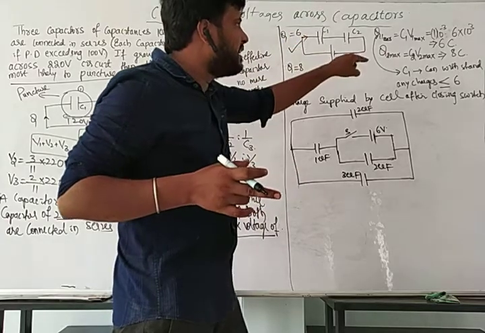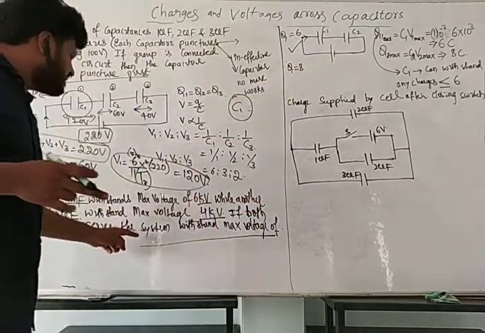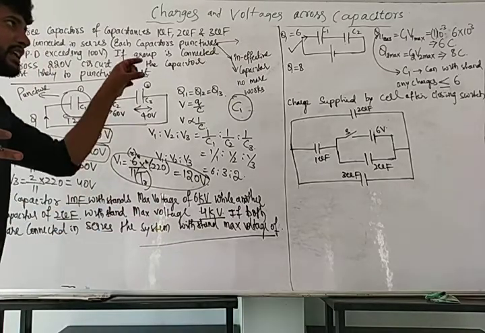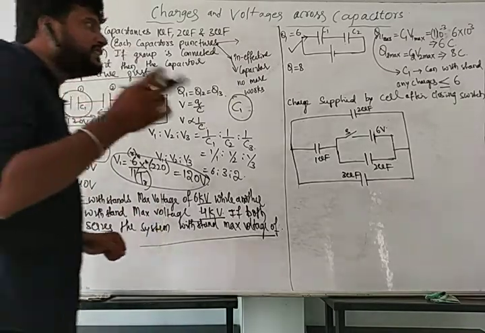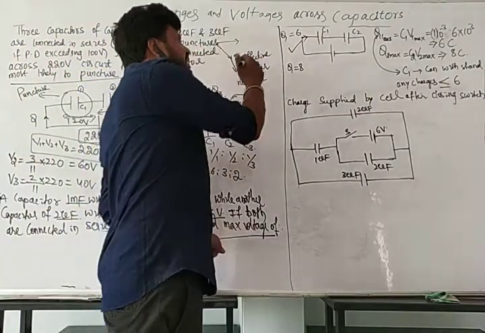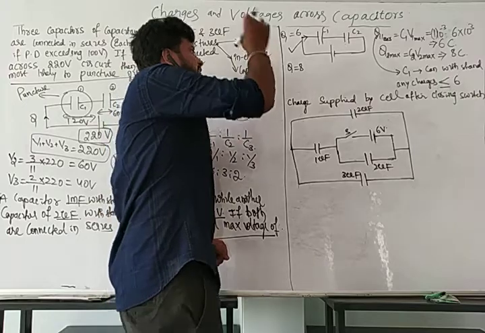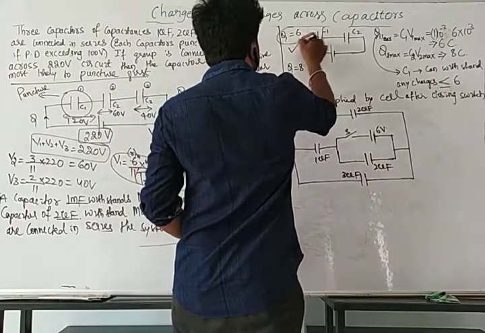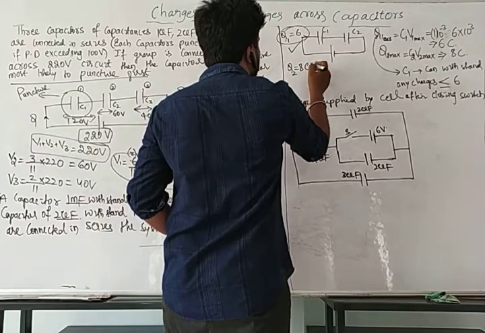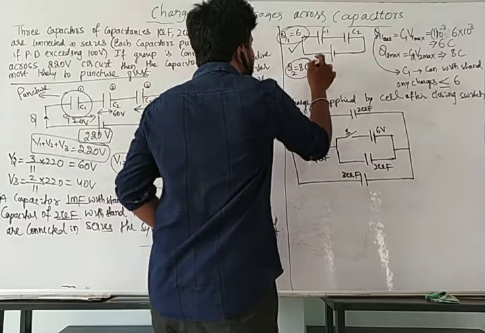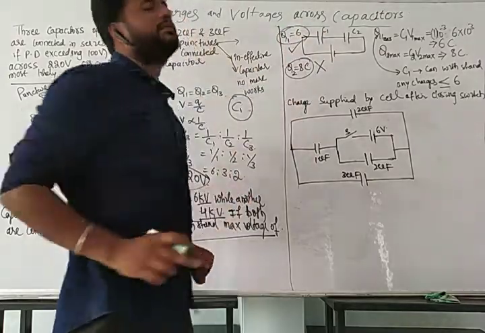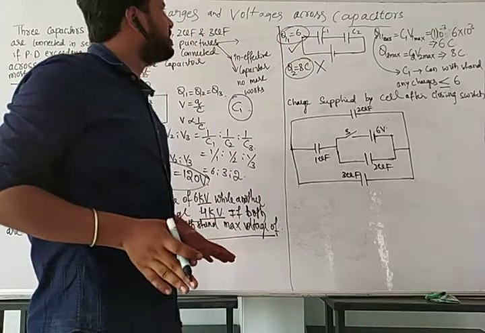But he is asking the maximum voltage which this circuit can withstand. It means we have to consider the working condition. In order to make this system work 100%, we have to move with the charge of Q1. We cannot move with the charge of Q2, because at that Q2 value the capacitor won't work, this system won't work. Okay, clear with this point?